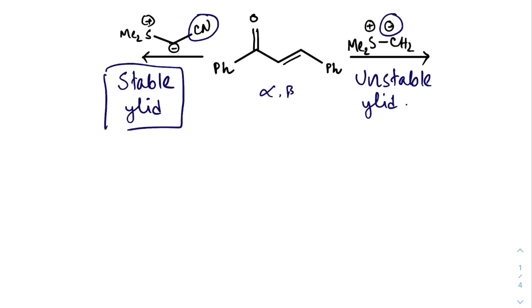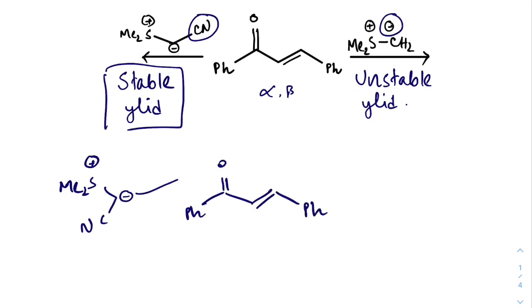So how will it behave in the presence of a stable halide? If we see the mechanism, this stable halide first attacks the carbonyl center and gives this type of intermediate.